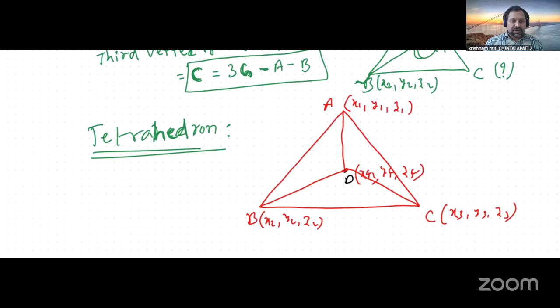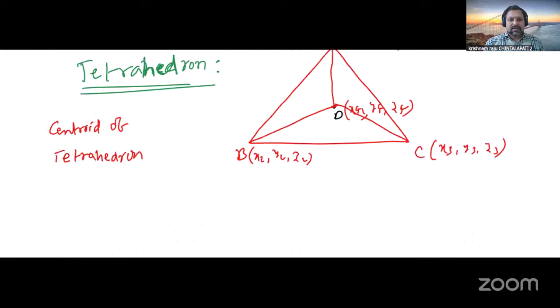So centroid of tetrahedron. Centroid of tetrahedron is denoted by G. So the formula is x1 plus x2 plus x3 plus x4 by 4, y1 plus y2 plus y3 plus y4 by 4.